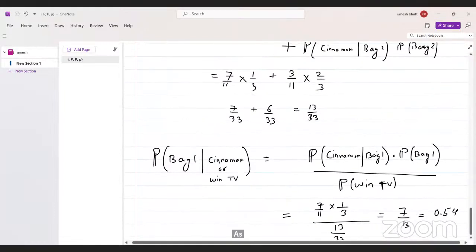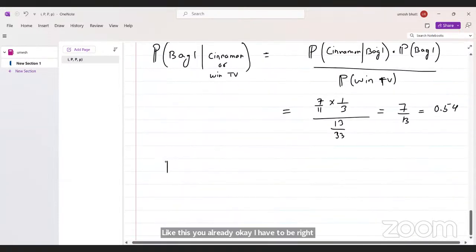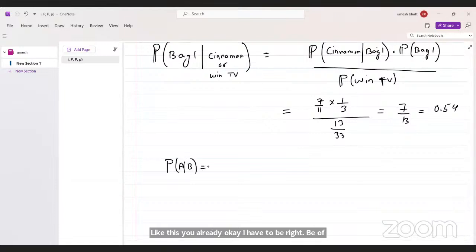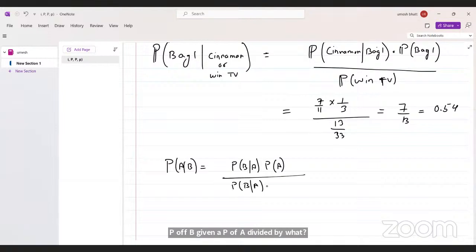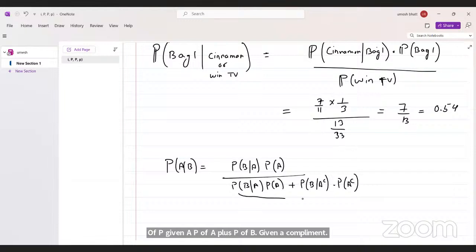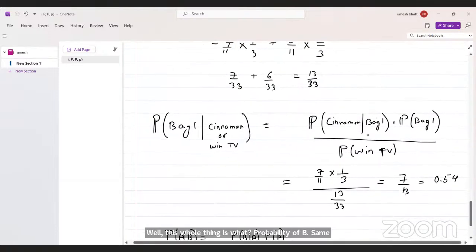Yes. By Bayes' rule, P of A given B is equal to P of B given A times P of A, divided by P of B. P of A given B is P of B given A times P of A, divided by P of B given A times P of A, plus P of B given A complement times P of A complement, or this whole thing is the probability of B. This is A, this is B, then use this formula.